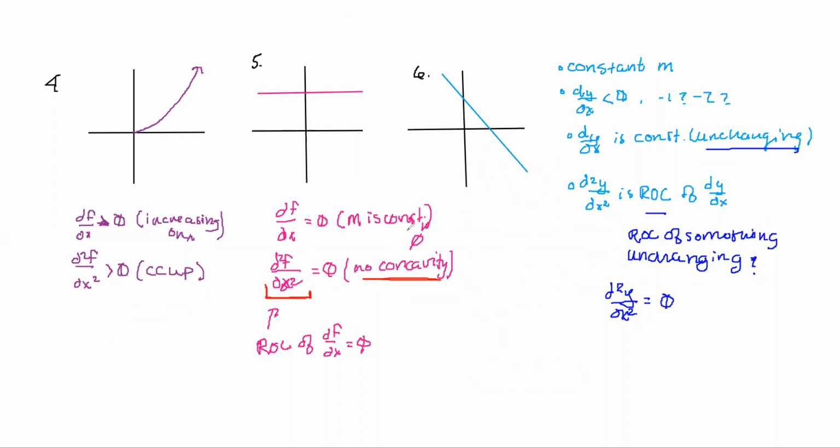The difference between these here is that here, m is a constant number that is equal to 0. So m equals 0 at all x. And here, m does not equal 0 at all x. m equals -1 or -2 or some negative number.